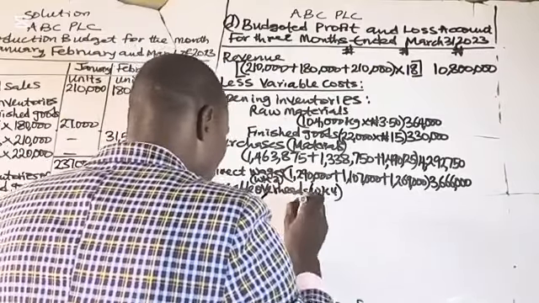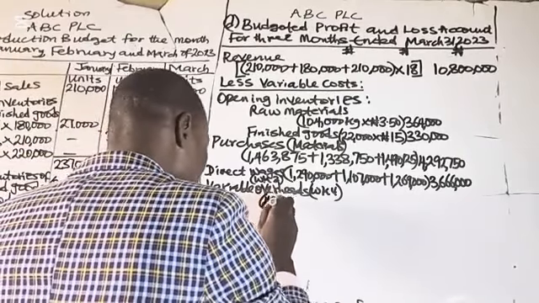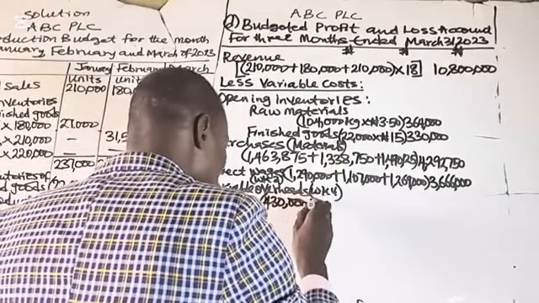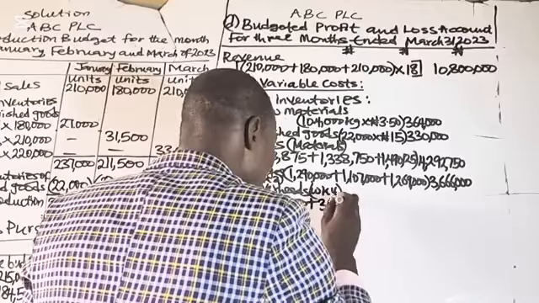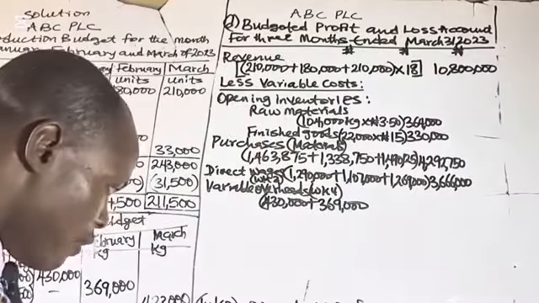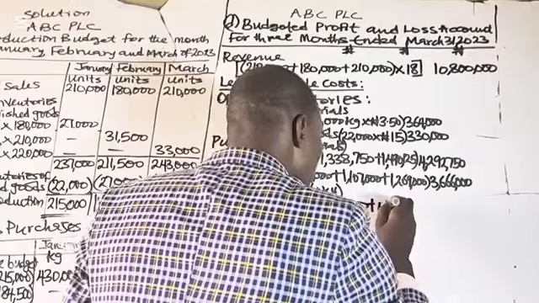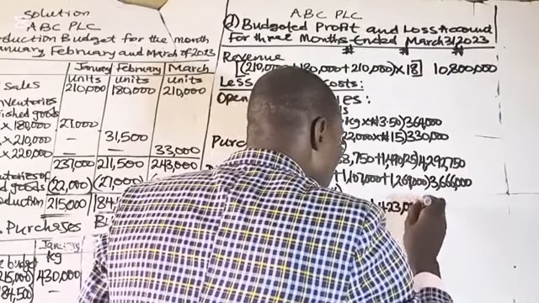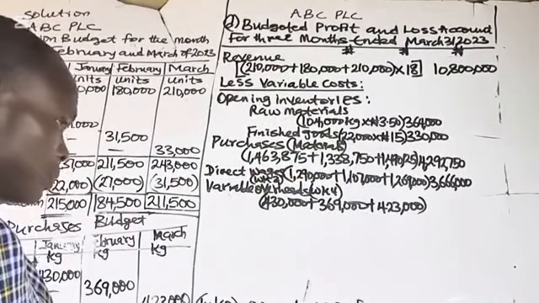In the month of January, we have 430,000. In February, we have 369,000. In March, we have 423,000. So we sum up the variable overhead costs incurred.